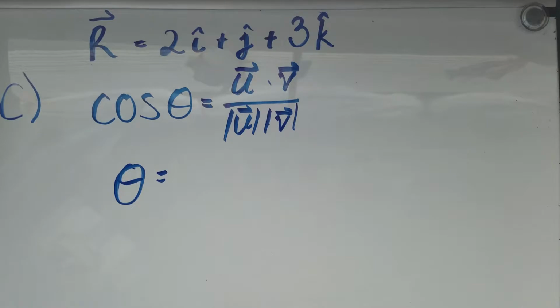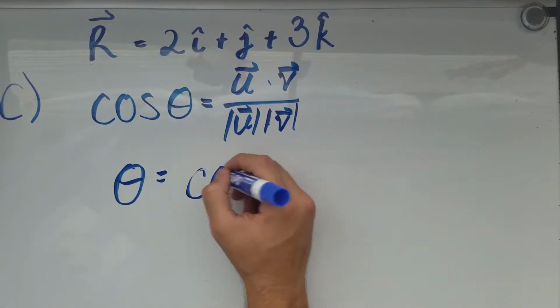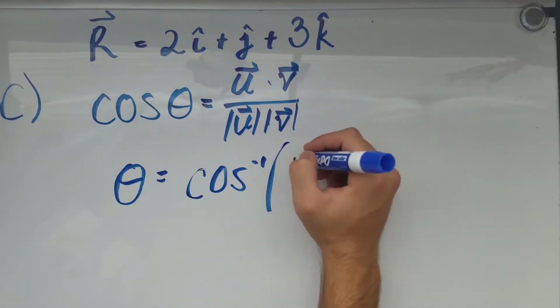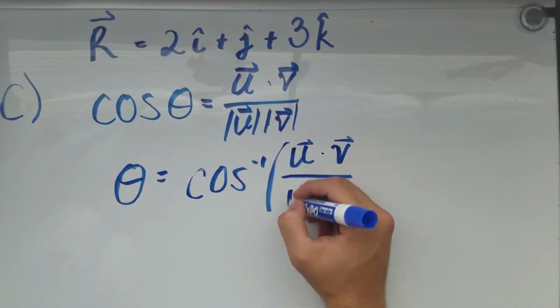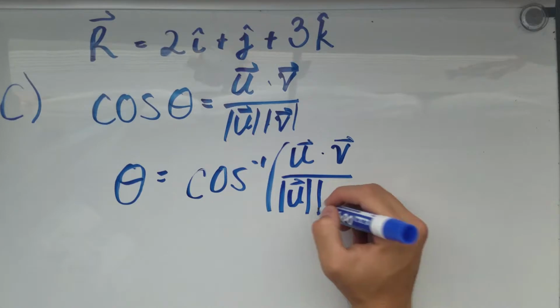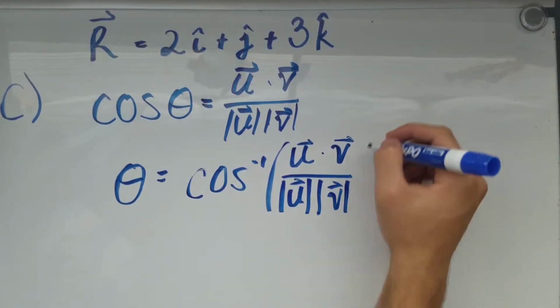In other words, we can rewrite this as theta is equal to inverse cosine of u dot v over their magnitudes, right?